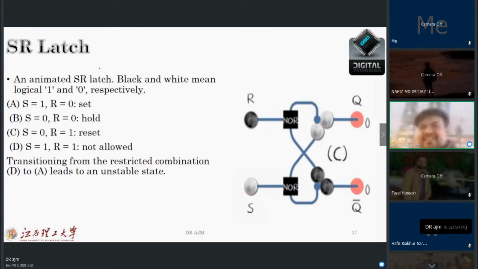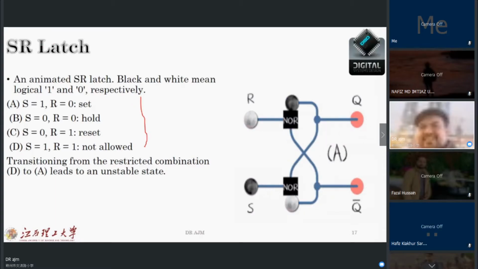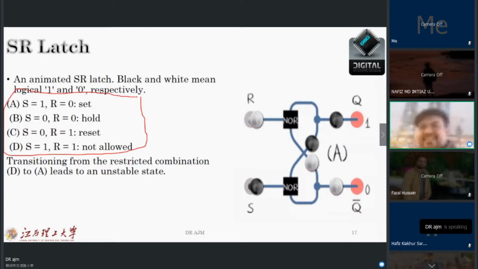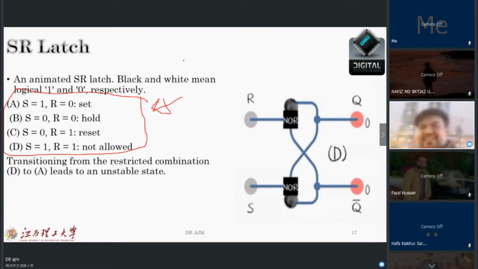The case that S is 0 and R is 1, we call reset. S is 1 and R is 1, we call this situation not allowed. This is nothing but the previous table that I gave you. Please remember that. Here is just a figure which shows you the output, and you can see 0, 0, 0, 1, and what will be the output of our SR latch.